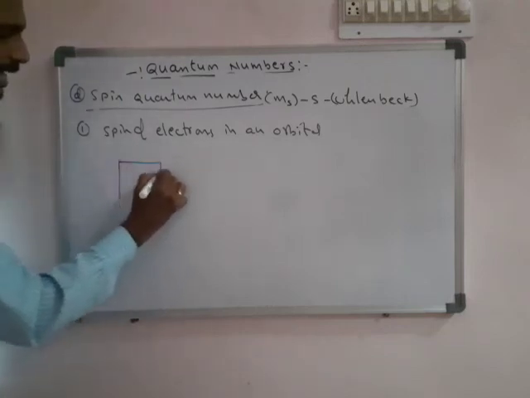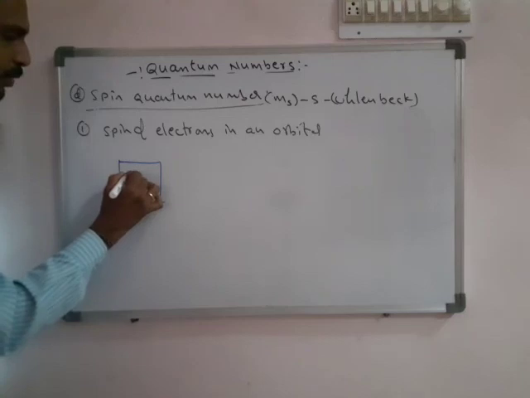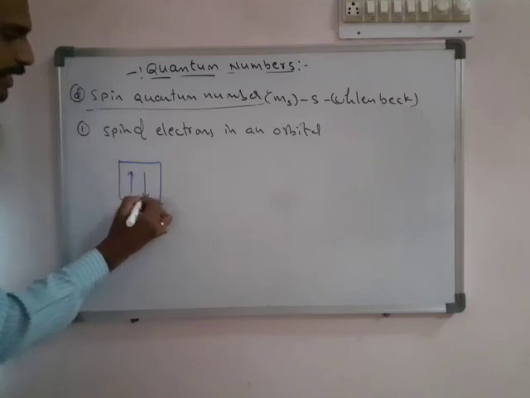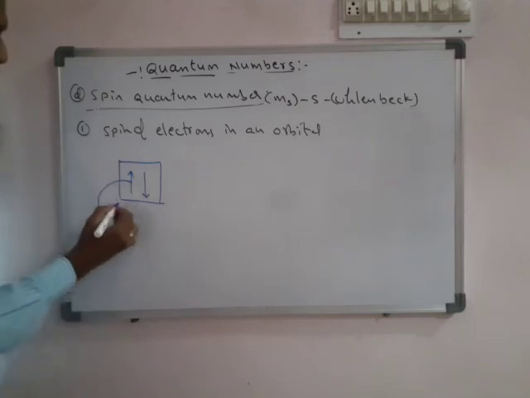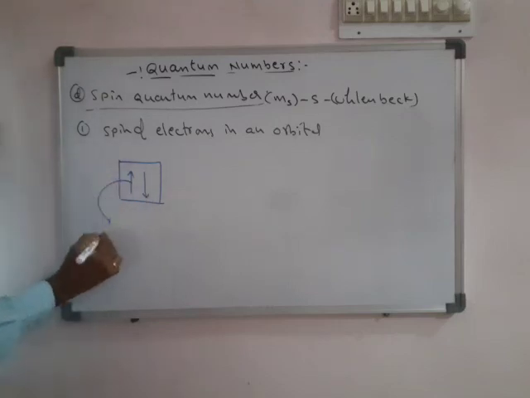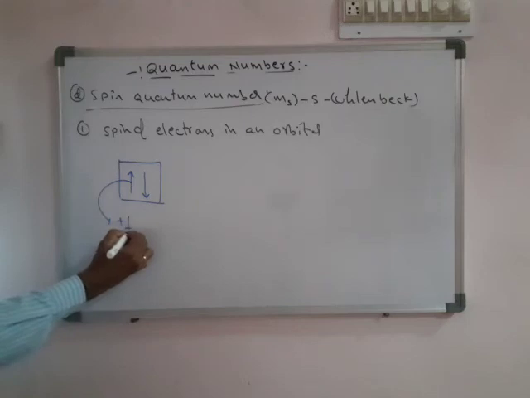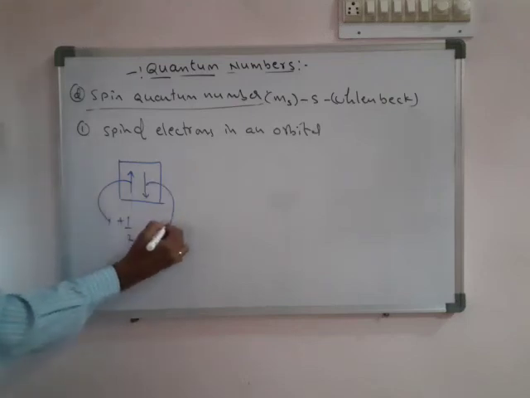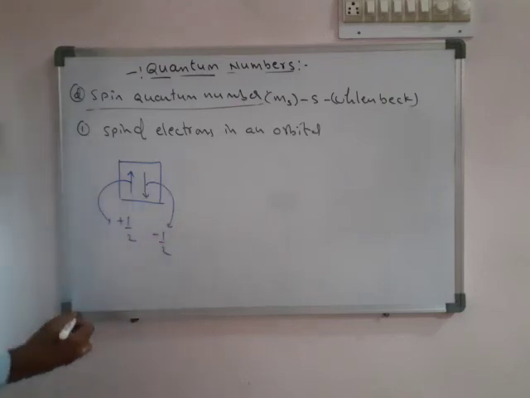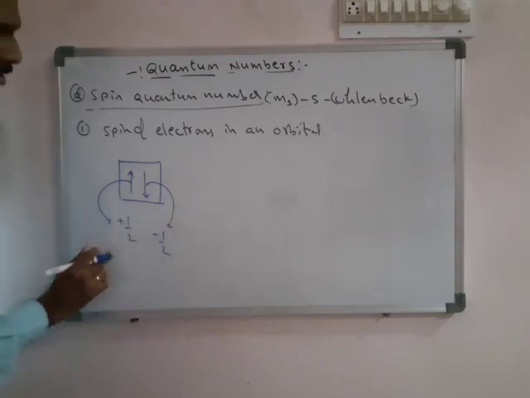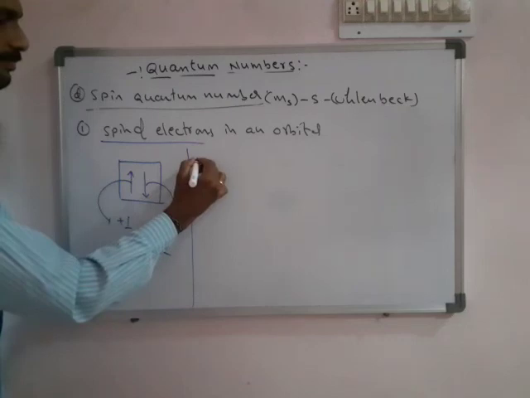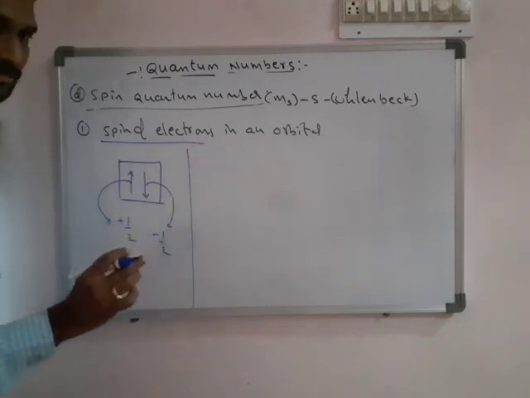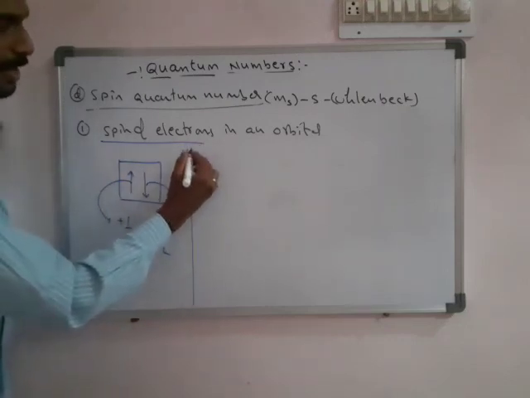We know that in an orbital 2 electrons are present. The 2 electrons generally spin in different directions. The first one is treated as plus half, the second one as minus half. Plus half and minus half indicate the spin.